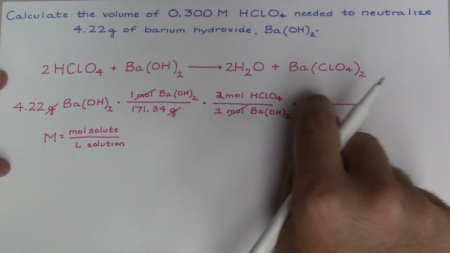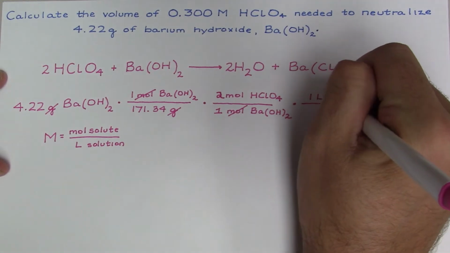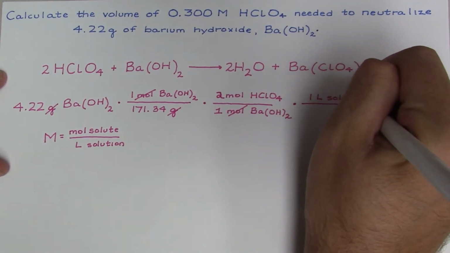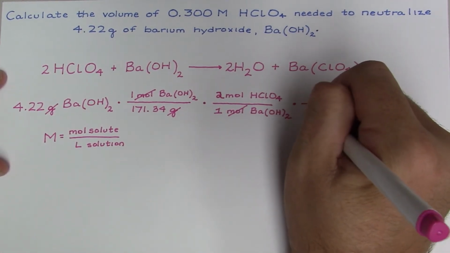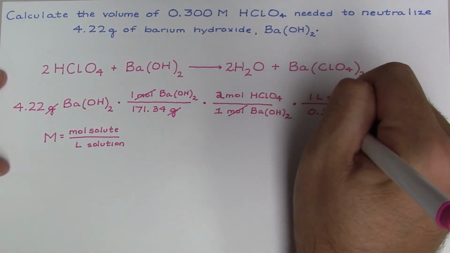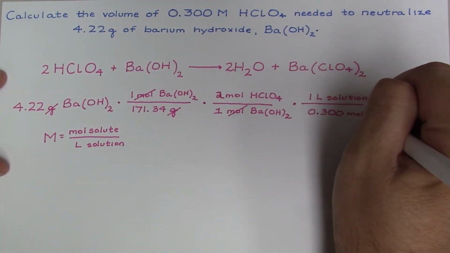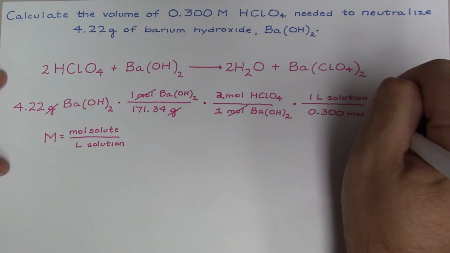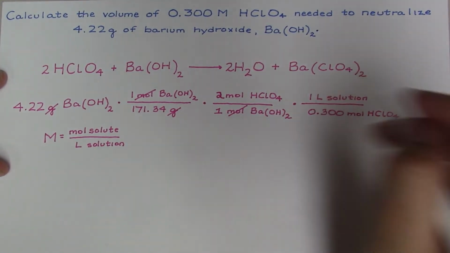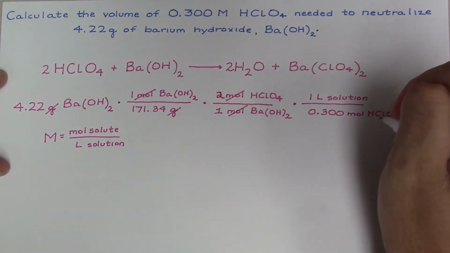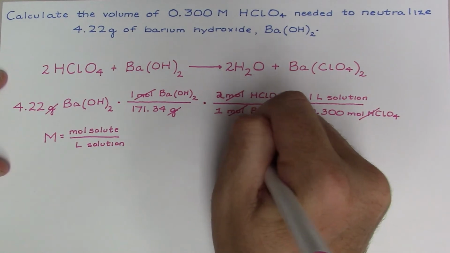So the way that we can do this is state that 1 liter of our HClO4 acidic solution should be over 0.300 moles of our HClO4. This is just using the reciprocal version of our molarity. Now we can cancel out our moles of HClO4 and we're left with liters of solution.